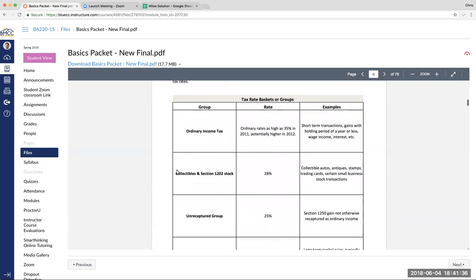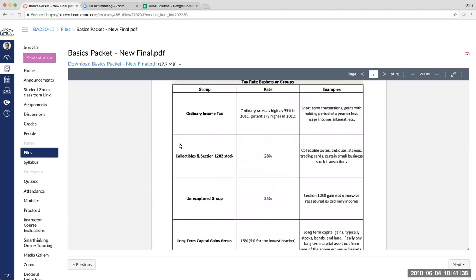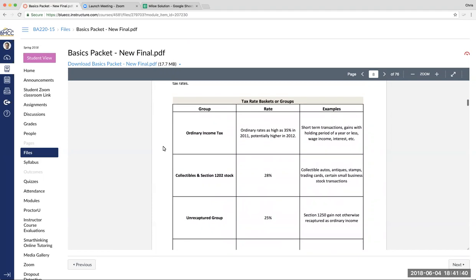One of the things that's this table right here is kind of useful because we keep saying, or I keep saying, that these capital gains enjoy this preferred capital gains tax rate.